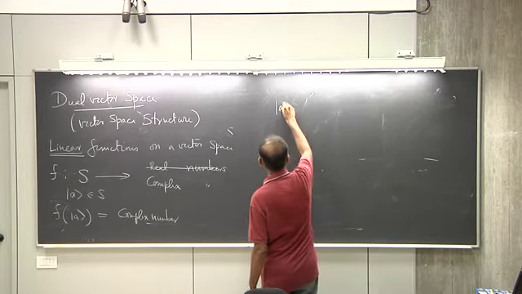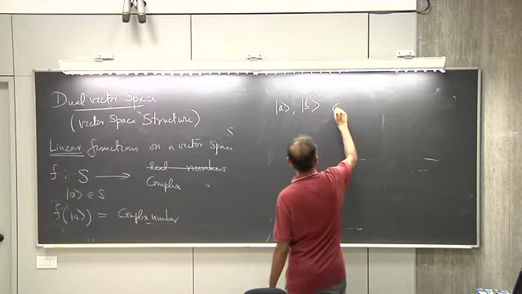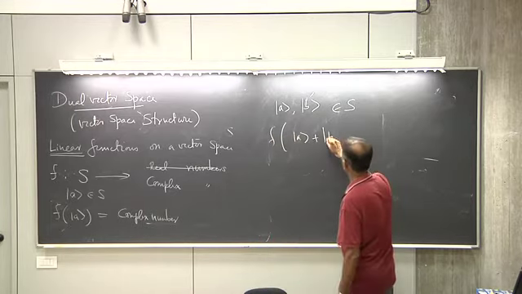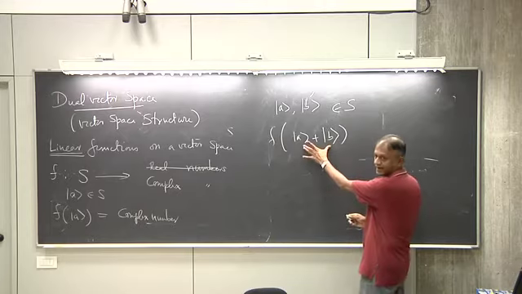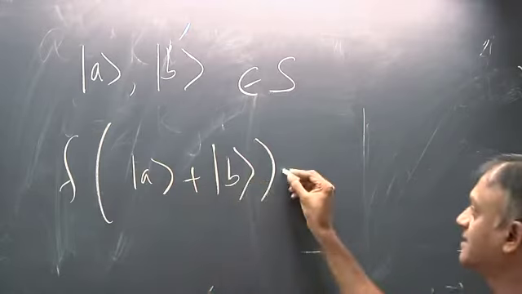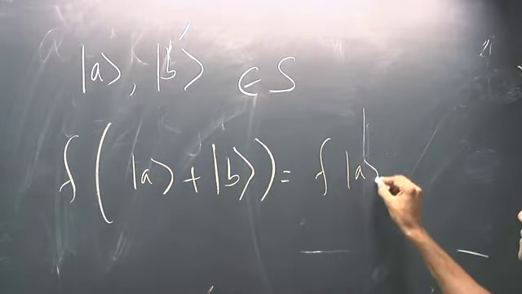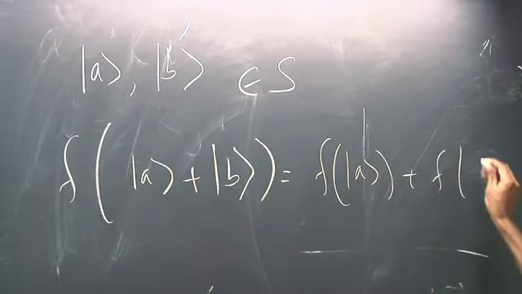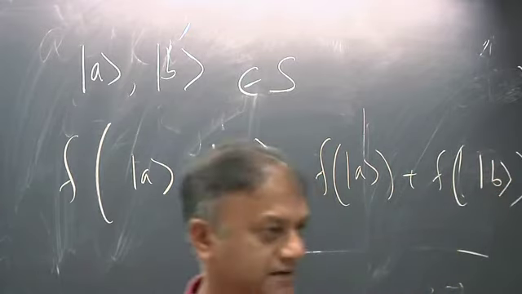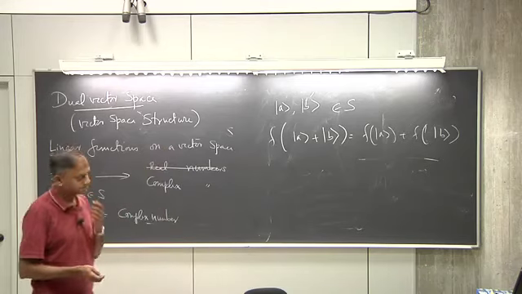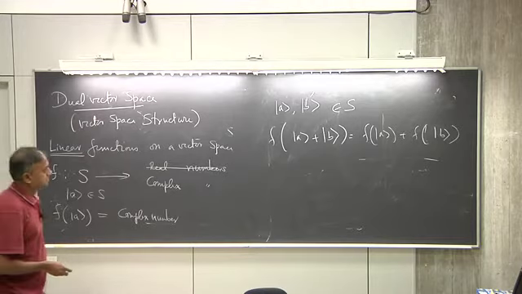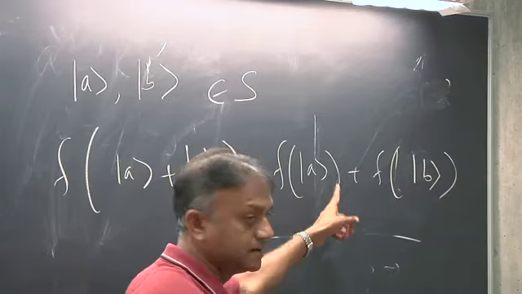If I take two vectors A and B belonging to S, then A plus B is again another vector, and I ask what is the value of F for that vector. Well, that is the same as F of A plus F of B. That's the linear condition.